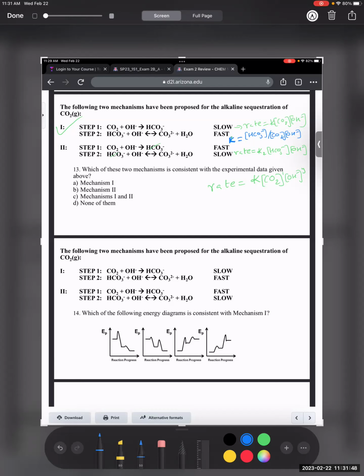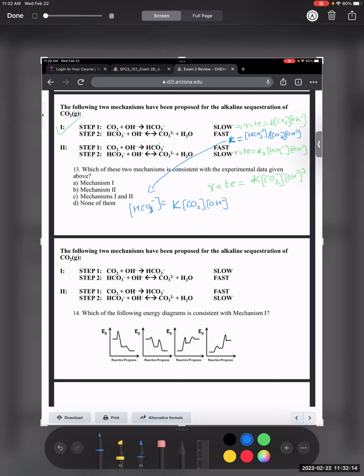Now we can write an expression for the HCO3 minus concentration, which based on this must be K times CO2 concentration times OH minus concentration.